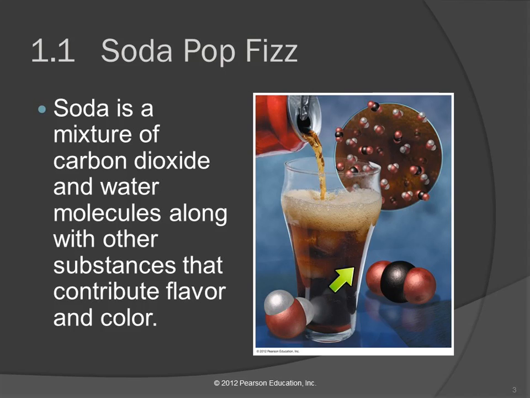This is an illustration of a carbon dioxide molecule. That's the gas that's in those fizzy bubbles. And here's a water molecule. And of course, soda is mostly water with other stuff put into it. And here's a different illustration showing you how the carbon dioxide and the water molecules are all mixed together.